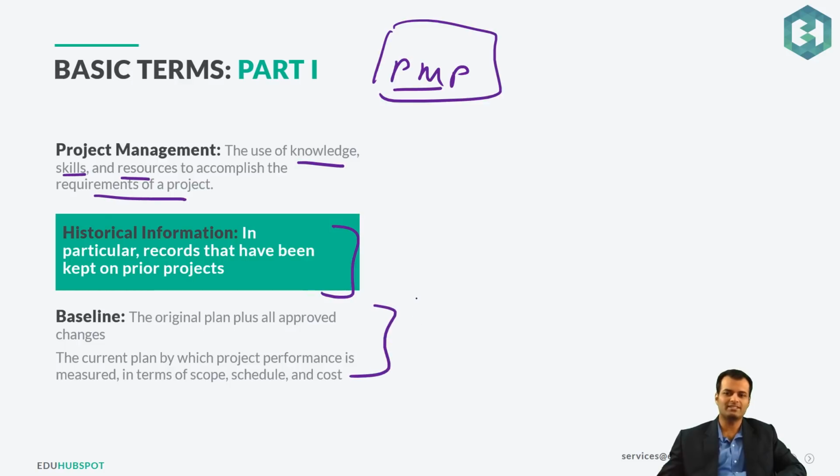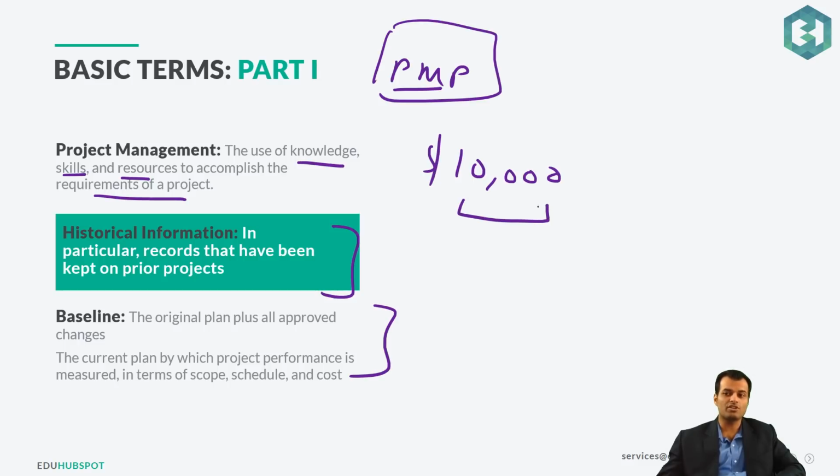Baseline: the original plan plus all approved changes. You'll see this term baseline a lot, and specifically baseline is about three things: scope baseline, schedule baseline, and cost baseline. What do I mean by this word baseline? It's the original plan. For example, I told you that I'm giving you $10,000 on your project.